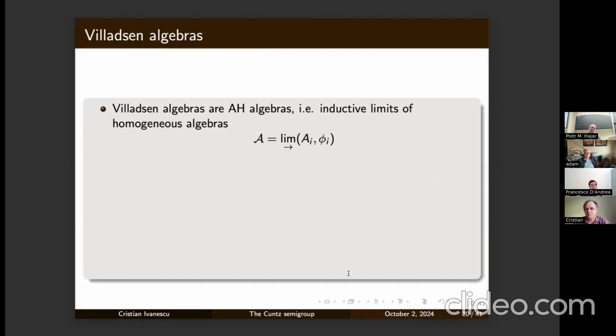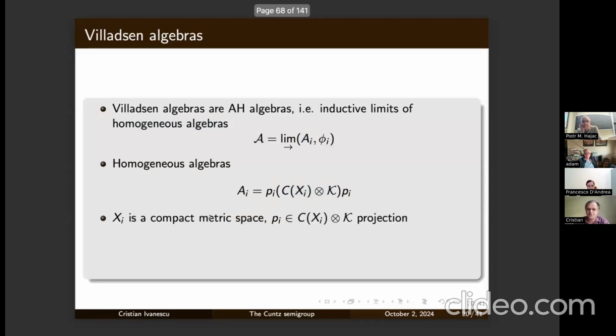So these Villadsen algebras, roughly speaking, are AH algebras, meaning they are inductive limits of homogeneous algebras. So these A_i here are homogeneous algebras. Now, more precisely, homogeneous algebras are cut down. So we look at C(X) tensor the algebra of compact operators, and we cut down by projections.